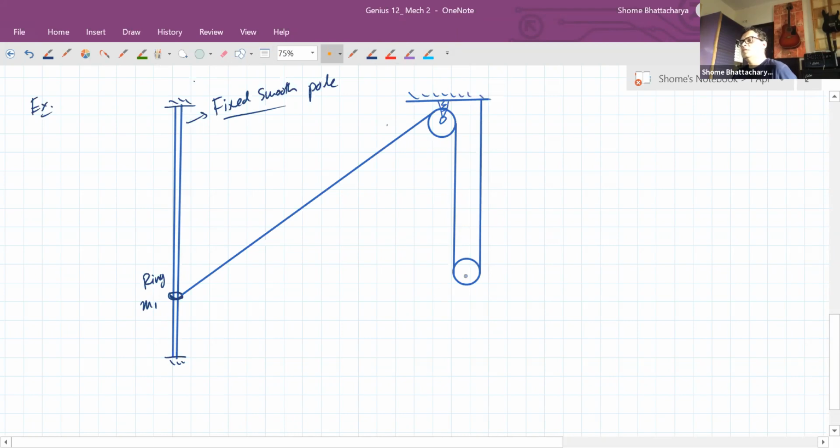So this is a fixed ceiling. And we have here a block of mass m2.